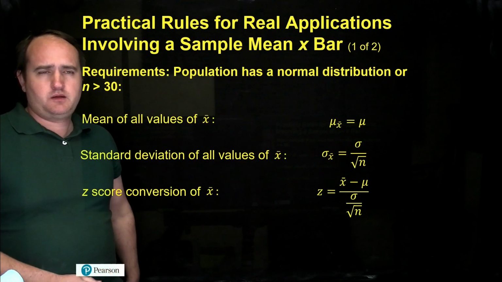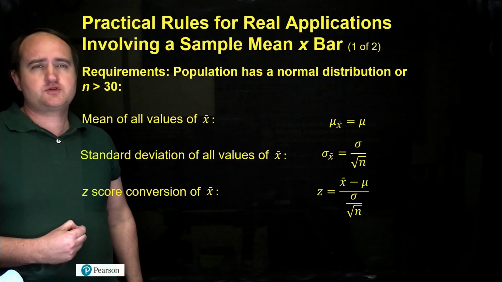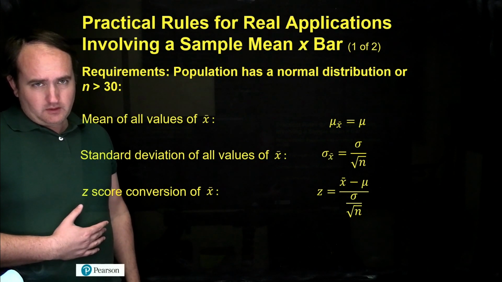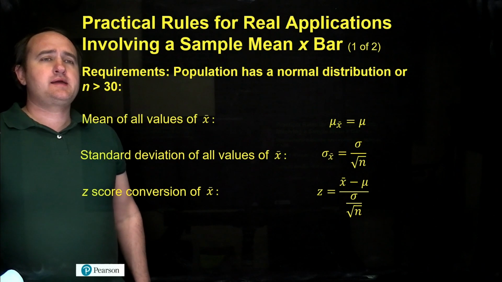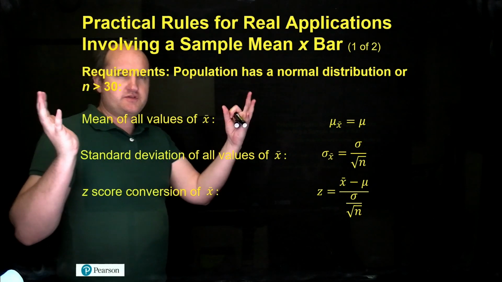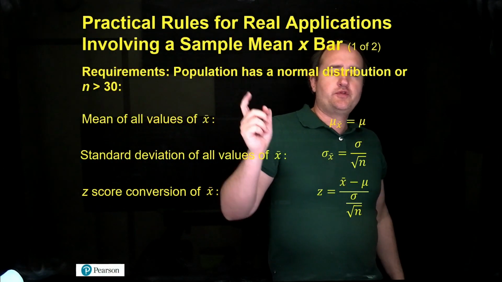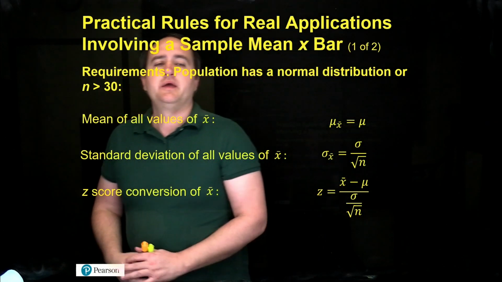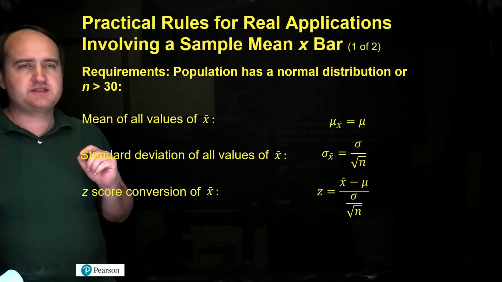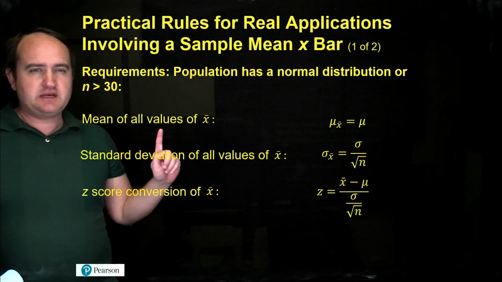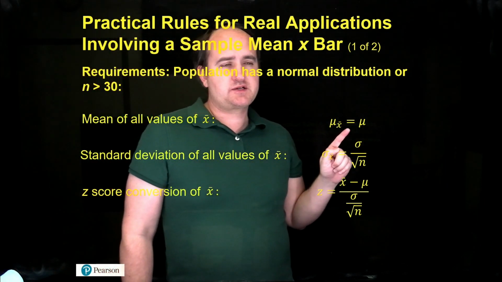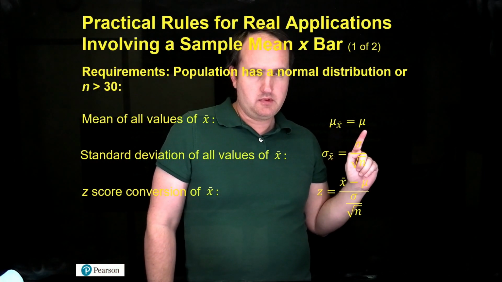So, like I said, we are trying to apply applications from the real world to the distribution of our sample mean x bar. And it turns out that because of the central limit theorem, the mean of all the values of x bar is just mu x bar, which is equal to mu.